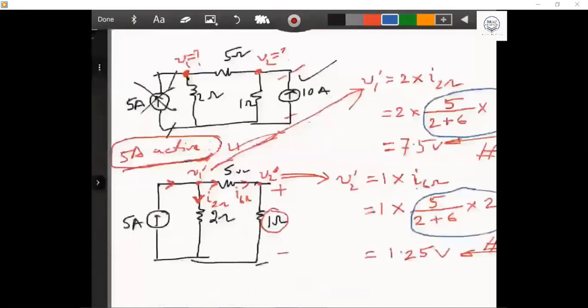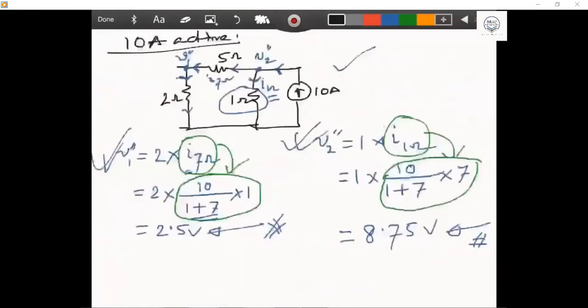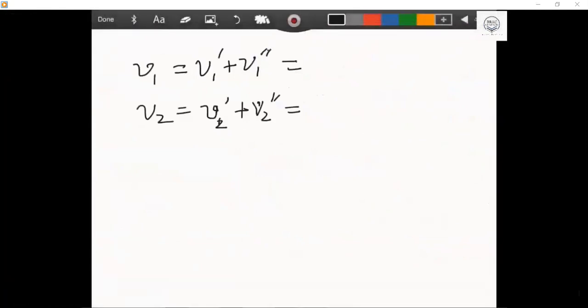Now let's go for finding V1. So let's write it down: V1 is what and V2 is what. What is VR? 7.5. And V1 double prime was what?